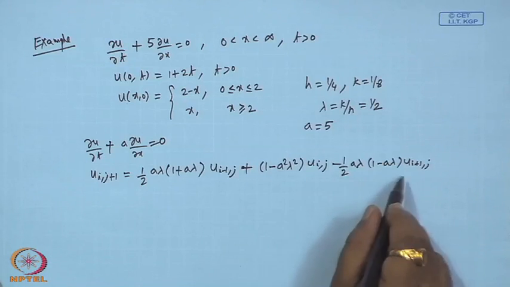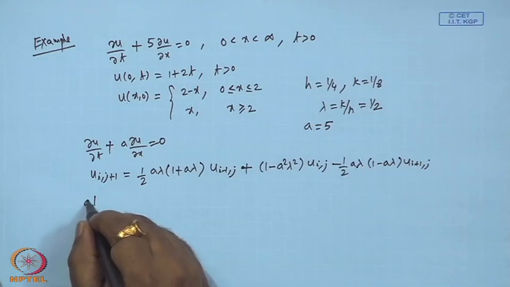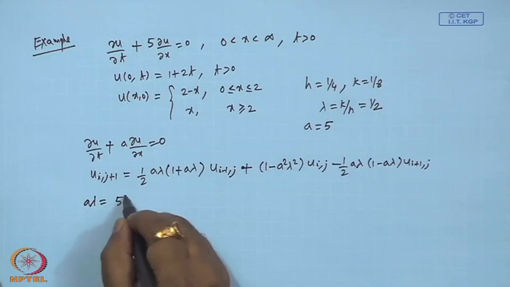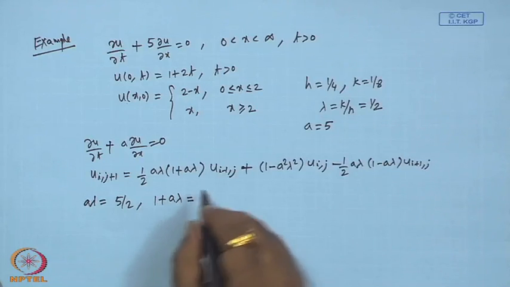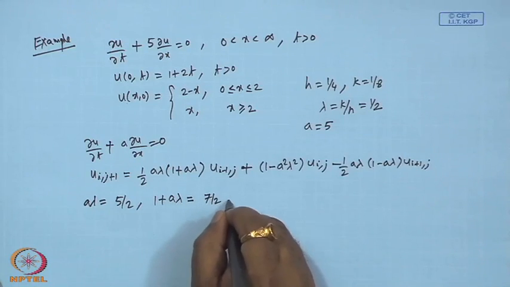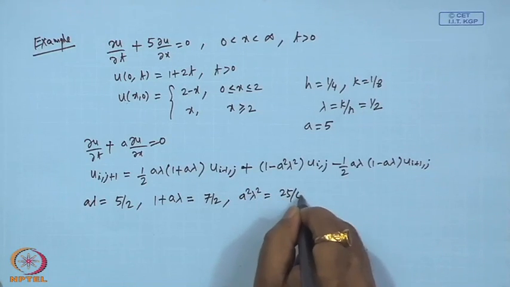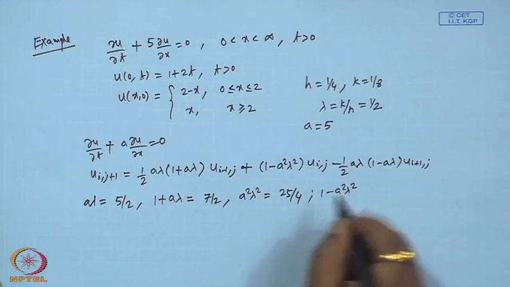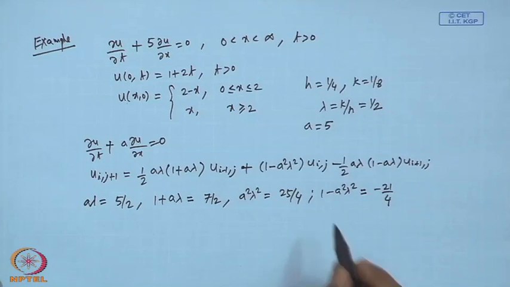So, let us assume for the time being such a method we are doing. So, then we need various quantities: A lambda is 5 by 2, then 1 plus A lambda is 7 by 2, A square lambda square is 25 by 4, then 1 minus A square lambda square is minus 21 by 4.